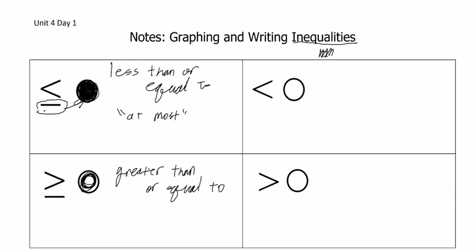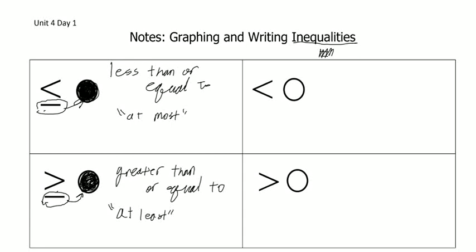Notice that we have that little line underneath, and that means that we're going to shade in our dot for this one. And this is going to be things like at least. And y'all can probably think of some other words or phrases to use for these two symbols.